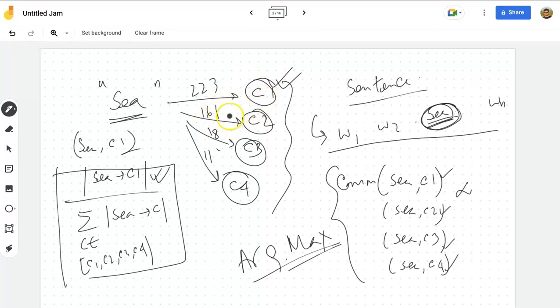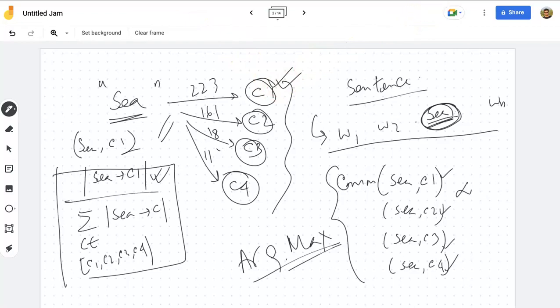So this is the problem. It is not checking other things, like the context. It is just saying, okay, C is connected this many times, so you need to select this. This is the problem with this kind of commonness formula.